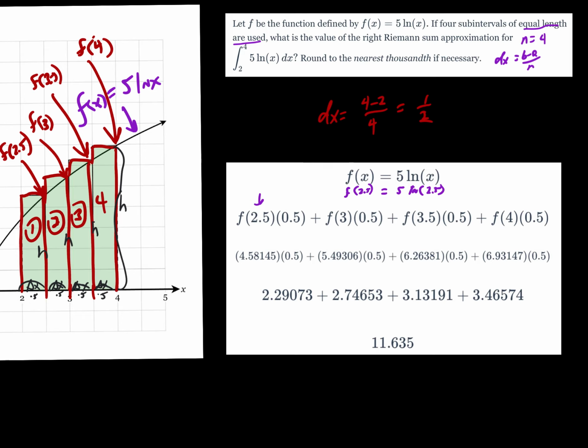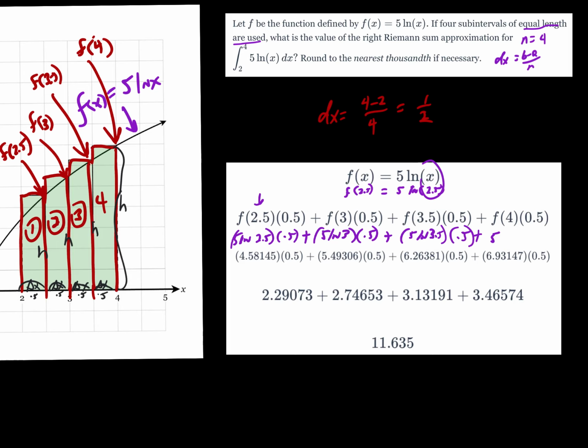And if you plug in 3, you plug in a 3 where the x is. You just keep substituting where the x is. So this is 5 ln of 2.5, times 0.5, plus 5 ln of 3 times 0.5. This is 5 ln of, I think you get the idea.